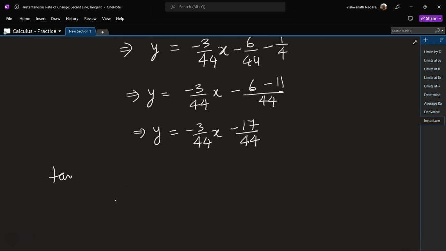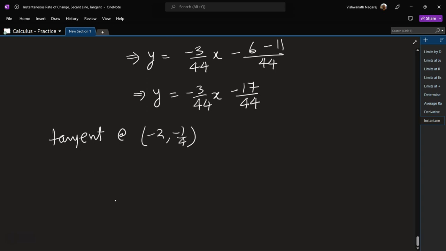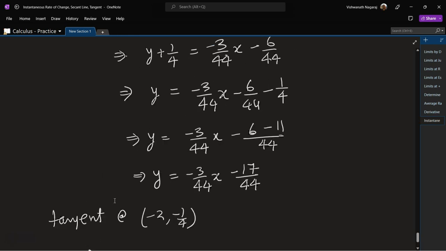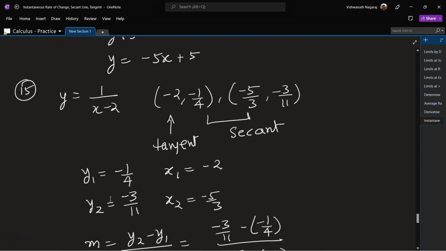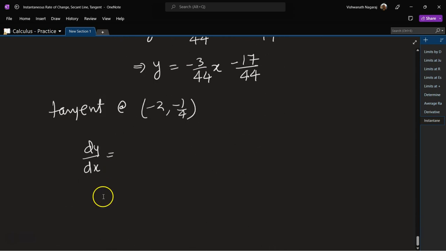Now the tangent line. Tangent at minus 2 comma minus 1 by 4. So again, which means we require the slope. So dy by dx is going to be equal to, now what is the function? 1 by x minus 2.